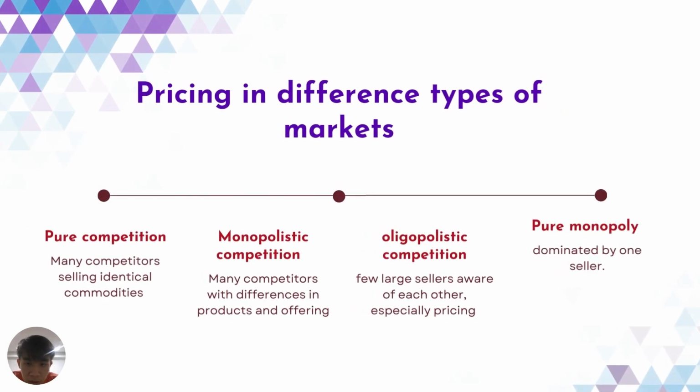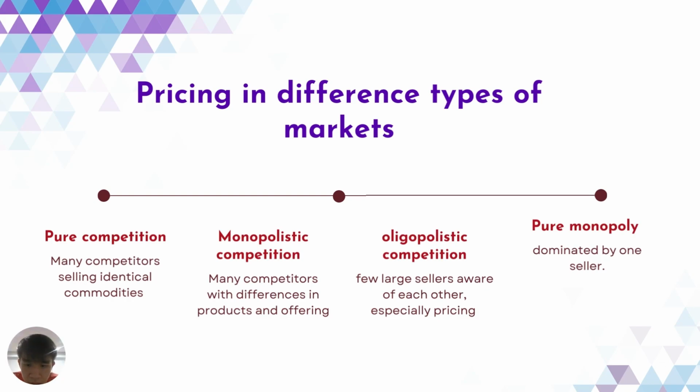So economists recognize four types of markets, and each presents a different pricing challenge. Pure competition: many competitors selling identical commodities. Monopolistic competition: many competitors with differences in product and offering.